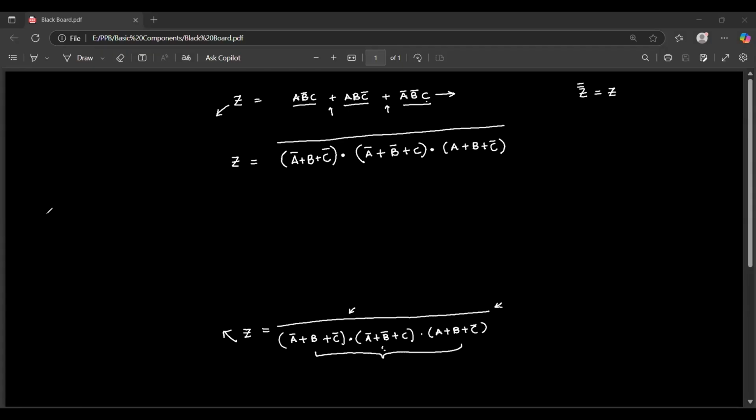So it's the same when we are converting from POS to SOP also. When you're converting from POS to SOP, it's the same idea. You just have to interchange the things. So let's say we have something like P equals ABC plus A bar B bar C bar plus A bar B C. Well, this is not in POS, so let's write it in POS.